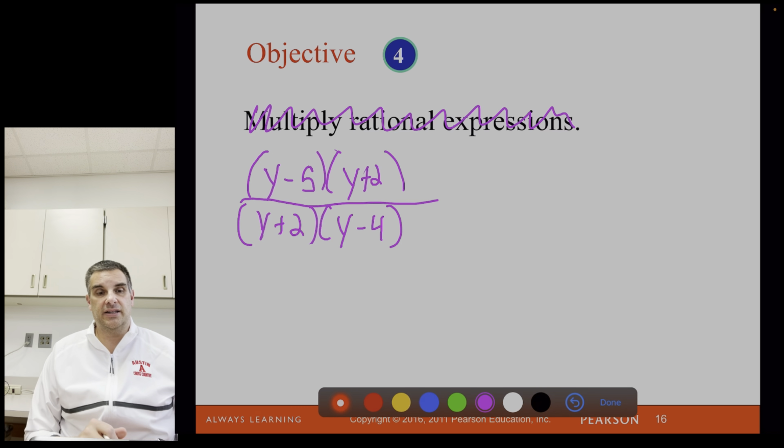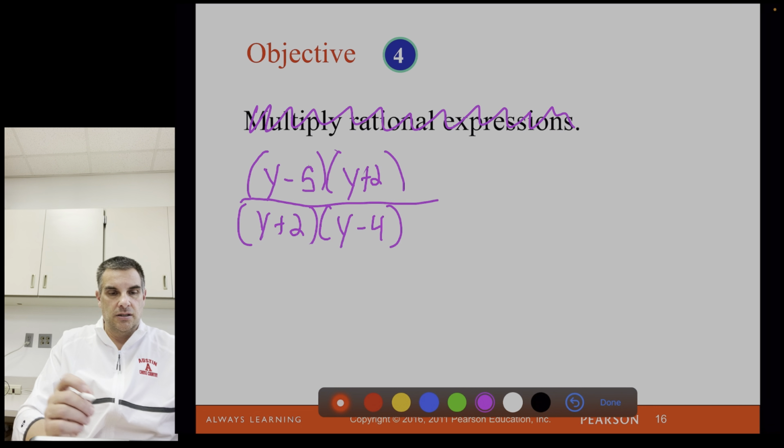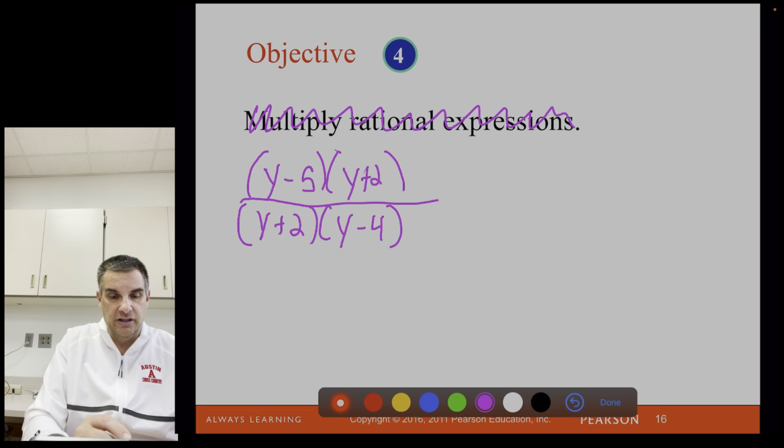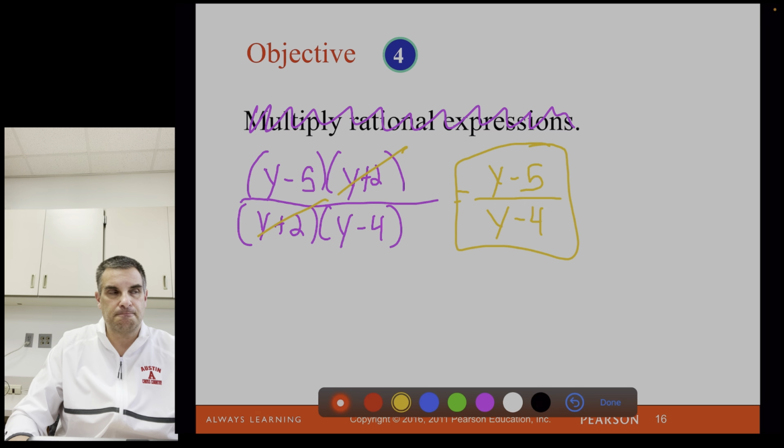And we're going to simplify this. So we've got a y plus 2 in both the numerator and denominator. So those are going to divide each other out, leaving me with y minus 5 over y minus 4. Nice. And that's your solution. Okay.